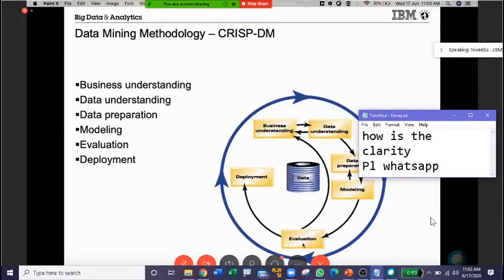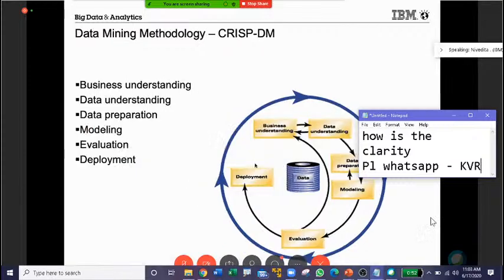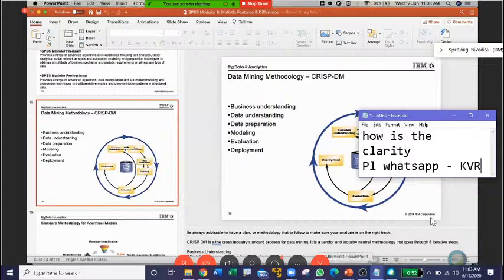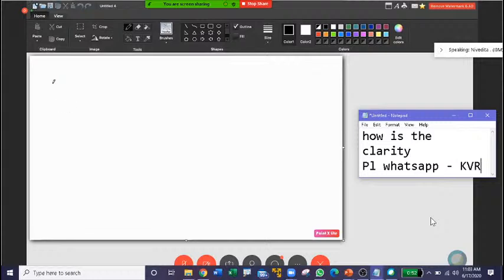Once we select that the model is working fine, and I evaluated it, it's not showing any kind of bias, then we can go for deployment. Deployment means I provide the user, let's say this guy is an insurance agent, and he goes to collect documents from a customer.